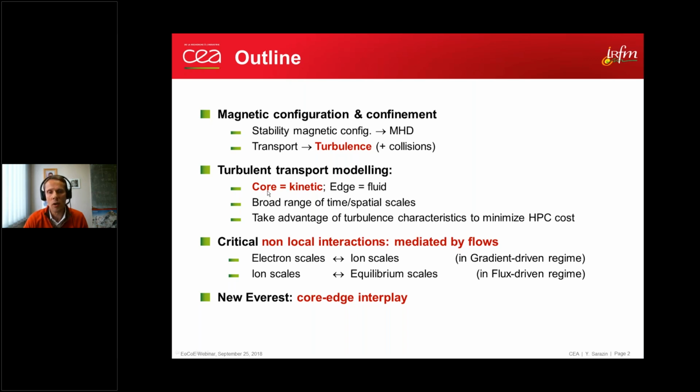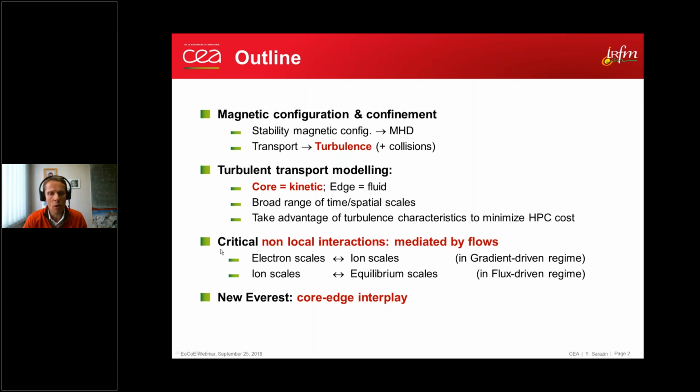And I will focus on the core transport, where the plasma is the hottest and which requires a kinetic approach. As we will see, there is a broad range of time and spatial scales which require HPC.